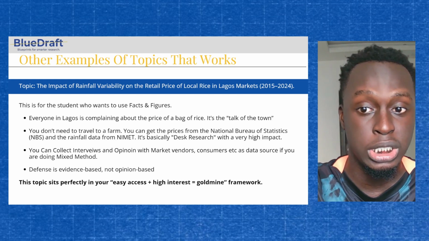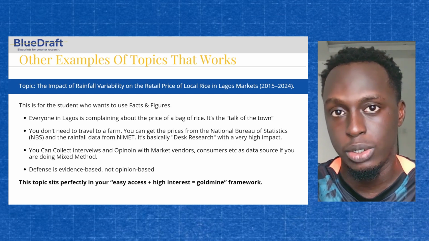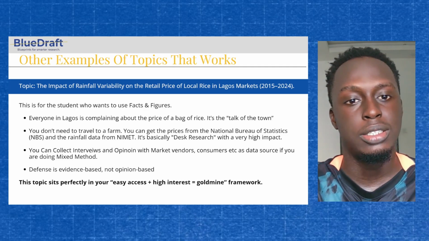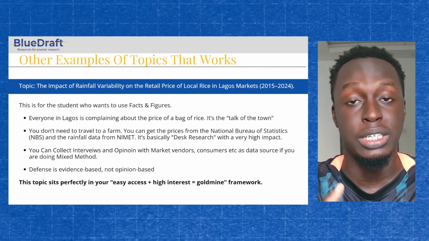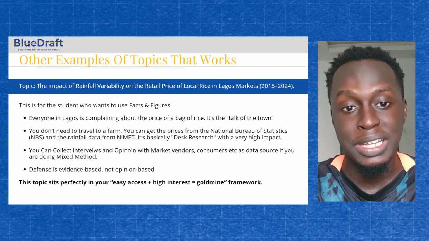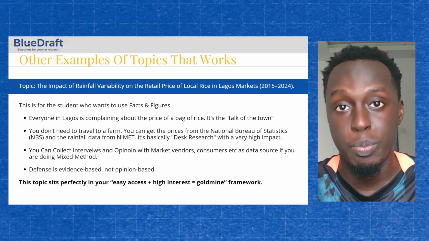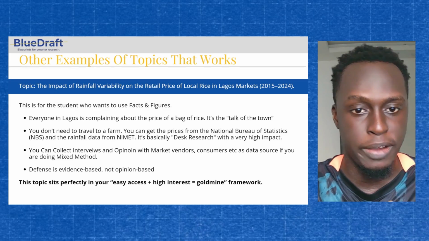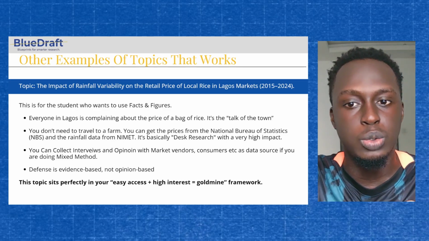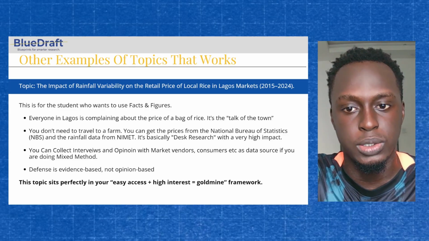You can use this data source if you're doing the mixed method that I talked about, where you don't have to use only one, you can mix it, and it's going to be interesting, and your research is going to be defendable and evidence based, not based on your opinion. So this topic sits perfectly if you're looking for easy access and high interest. It goes with the Goldmine framework we've been talking about.